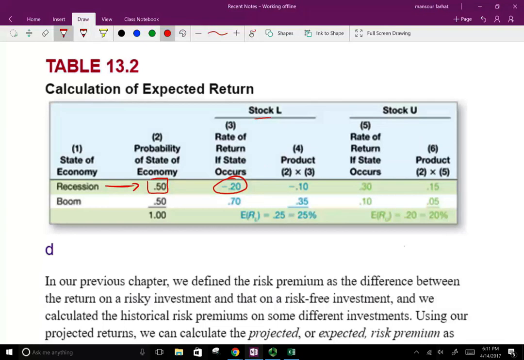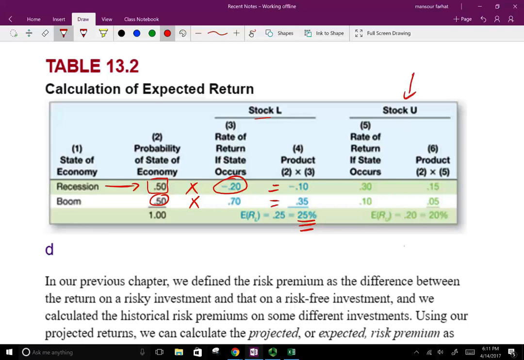So 50% times negative 20 will give us negative 10. In a boom, which is a 50% chance, we could earn up to 70%. That's going to give us positive 35. Negative 10 plus positive 35 will give us an expected return of 25.